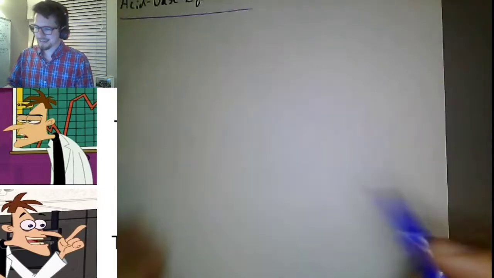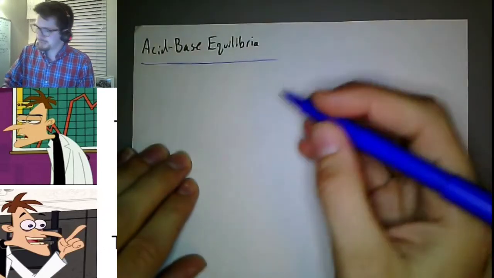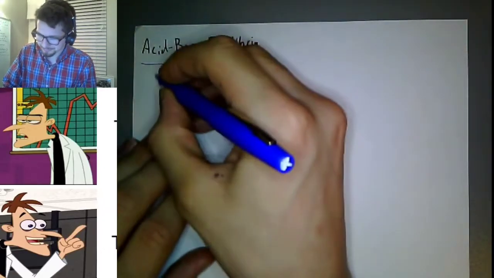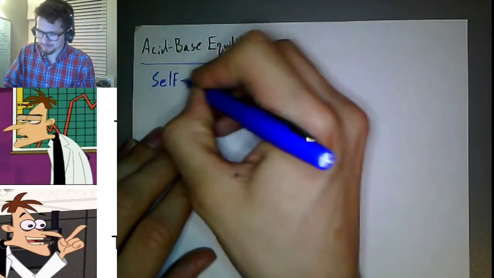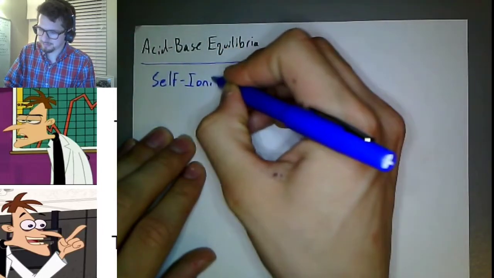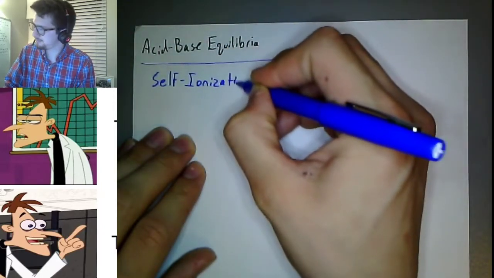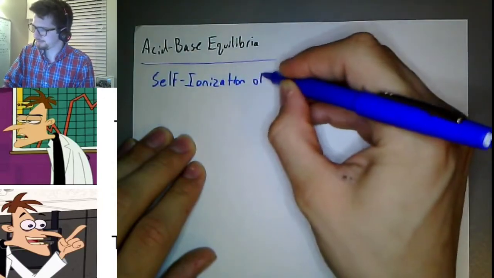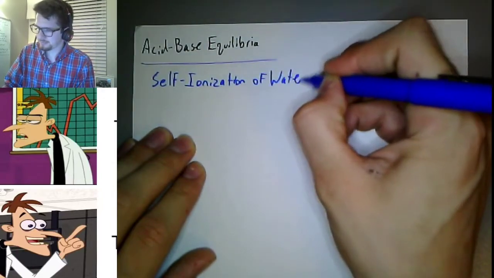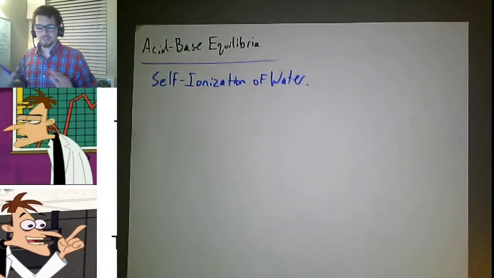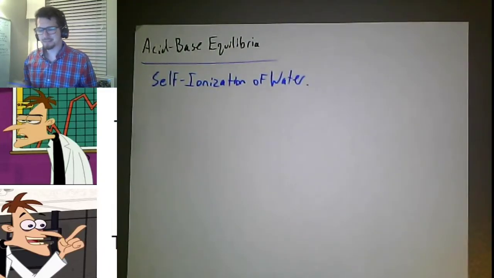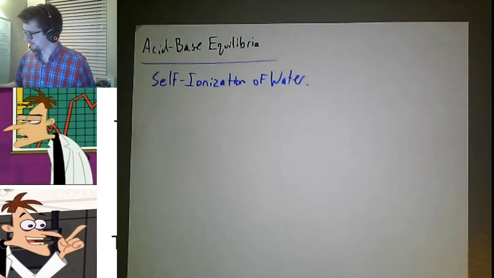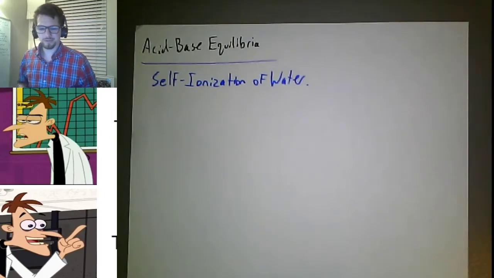So, how we're going to explain this is through something called the self-ionization of water, which is pretty crazy. I had to read this section a couple times to really figure out what the heck was going on because it's weird, but it's really cool.